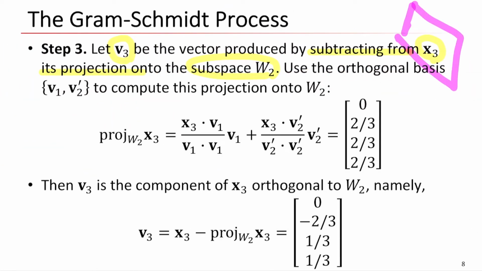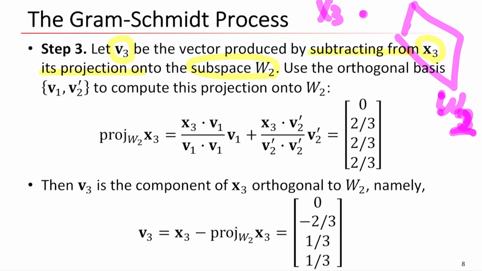Let's draw the subspace W here, and let's say there is a vector x3 here. Then what we want to do is find the component of x3 orthogonal to the W2 space. This is W2.